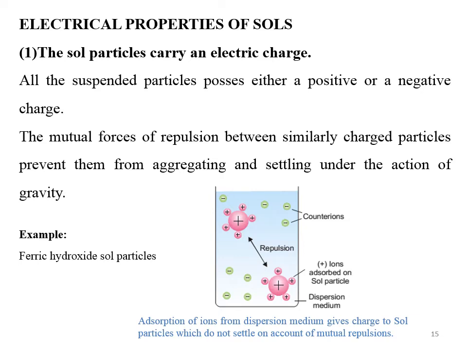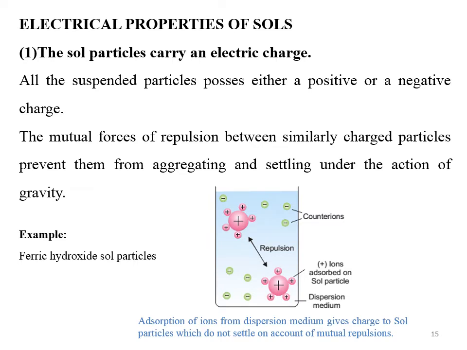The sol particles acquire a positive or negative charge by preferential adsorption of positive or negative ions from the dispersion medium. It means if the sol particles are negatively charged, then they have preferentially adsorbed negatively charged ions on their surface. For example, ferric hydroxide sol particles are positively charged because they adsorb ferric ions from ferric chloride used in the preparation of the sol.